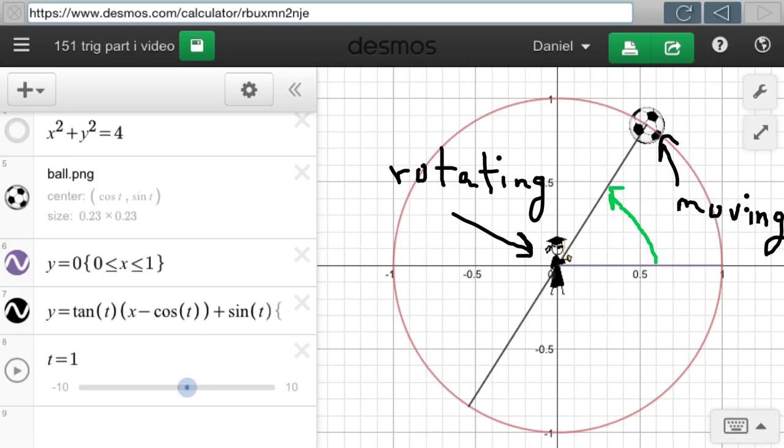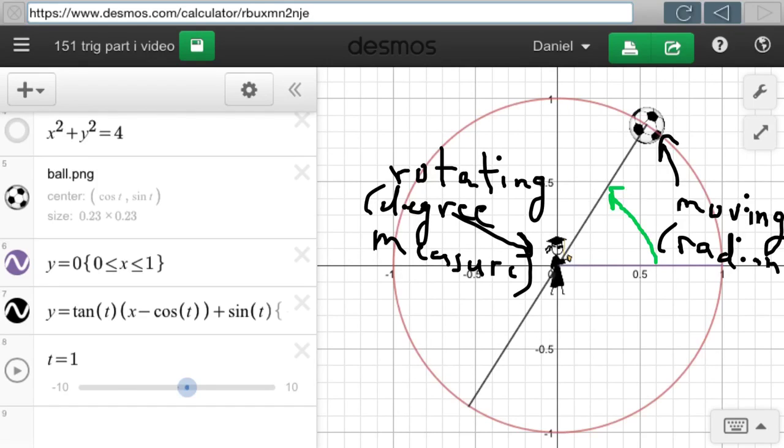So the amount that the college graduate has to rotate to keep his or her eyes on the ball would be degree measure, and the distance that the soccer ball has moved around the circle, that would be what we call radian measure.